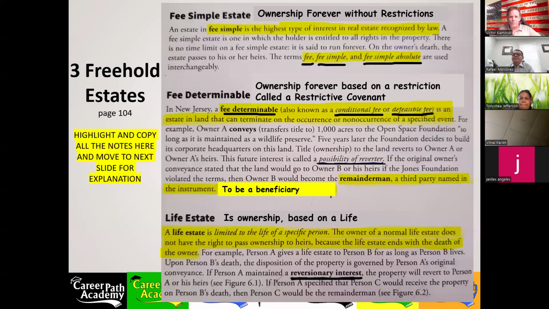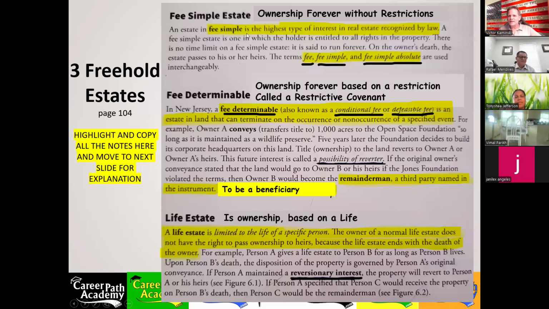Is a life estate worth more than a fee simple estate? Remember, a life estate is based on someone's life. I don't think so. Hell no is the answer. You should be like, hell no. I was about to say no, because with life, you still have restrictions and stuff.